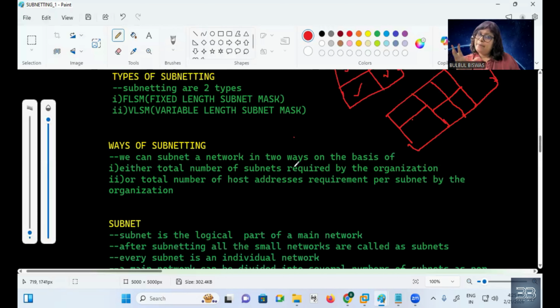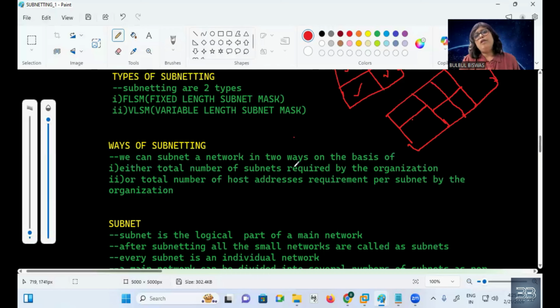That means we are subnetting a large network based on the number of subnets that the organization needs. But some organization is saying not like that. For my IT department, I need 50 hosts. For HR department, I need 20 hosts. For my marketing, I need 5 hosts. That means here the company's demand is the number of hosts per subnet.